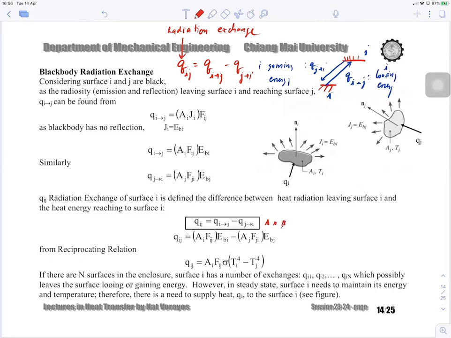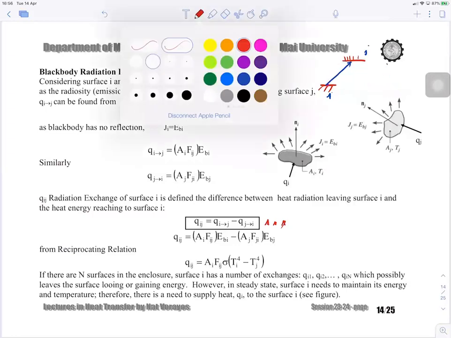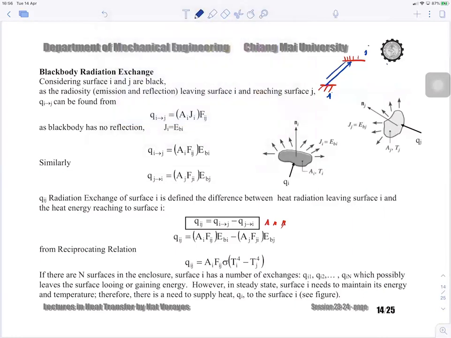Okay, this is what's so-called radiation exchange. And at the beginning, we will talk about the radiation exchange in the case where surface 1 and surface 2, or surface I and surface J, are both black surfaces. Black, black.